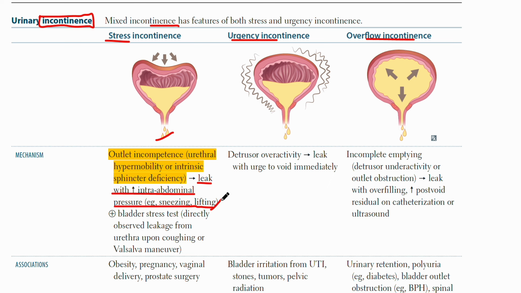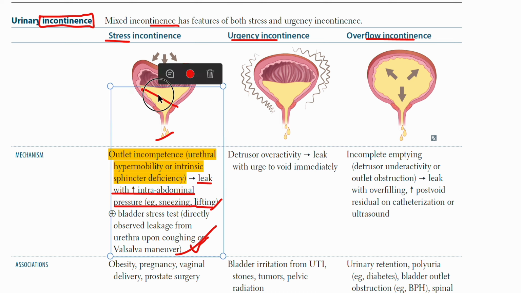Plus bladder stress test, directly observed leakage from urethra upon coughing or Valsalva maneuver. That is when it occurs. So there is outlet incompetence, like here should be the sphincter. Sorry, this is the sphincter right here actually.